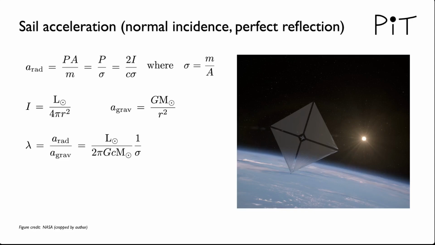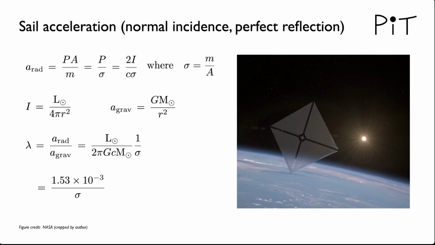When we plug in the values for the sun into this expression, we find that this acceleration ratio, lambda, is 1.53 times 10 to the minus 3 divided by sigma, in SI units, of course. This means that when the sail has a mass of about 1.5 grams per square meter, then the gravitational force and the radiation forces are equal.